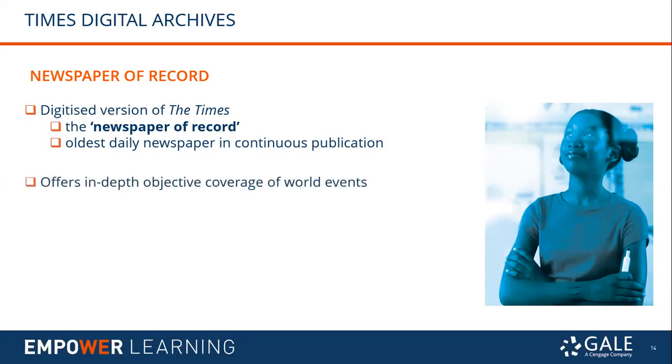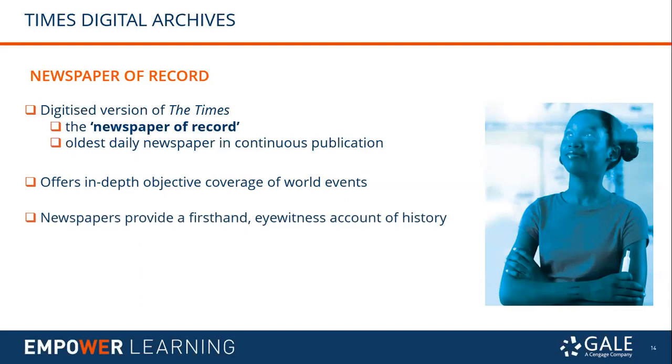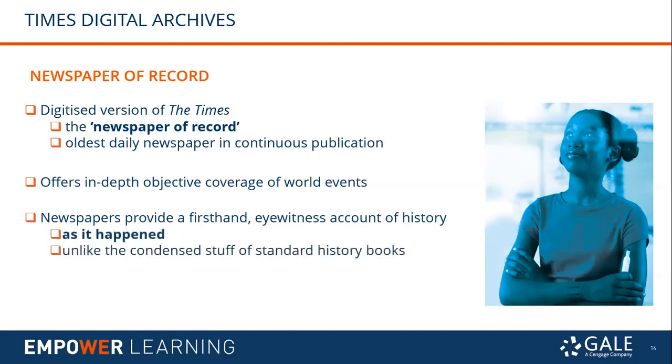And here you have in-depth objective coverage of world events. Newspapers provided firsthand eyewitness accounts of history as it happened, as it unfolded. So unlike the things that might be in standard history books, and sometimes by the time the books are printed, that information is no longer accurate. Newspapers were different.